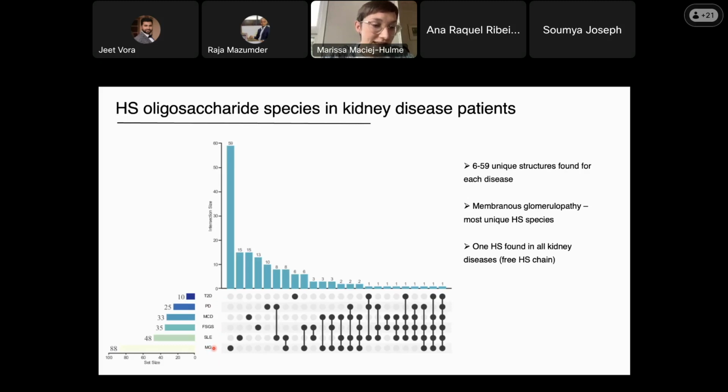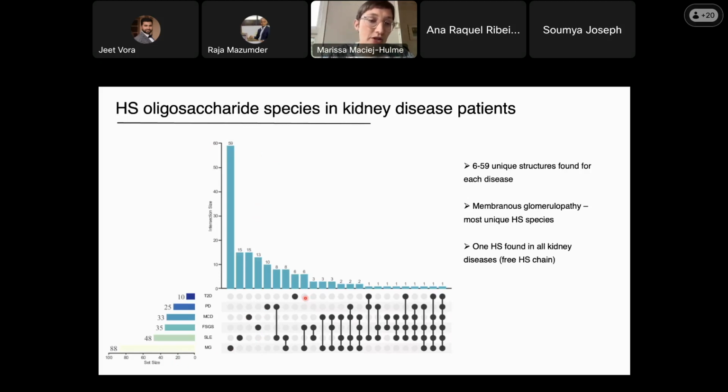So you can see clearly here that the most heparan sulfate oligosaccharides that were unique were found in the MG, or the membranous glomerulopathy group. And not only were the most found, but the most unique species of 59 were also found. But each group has a set of HS that is unique to them.